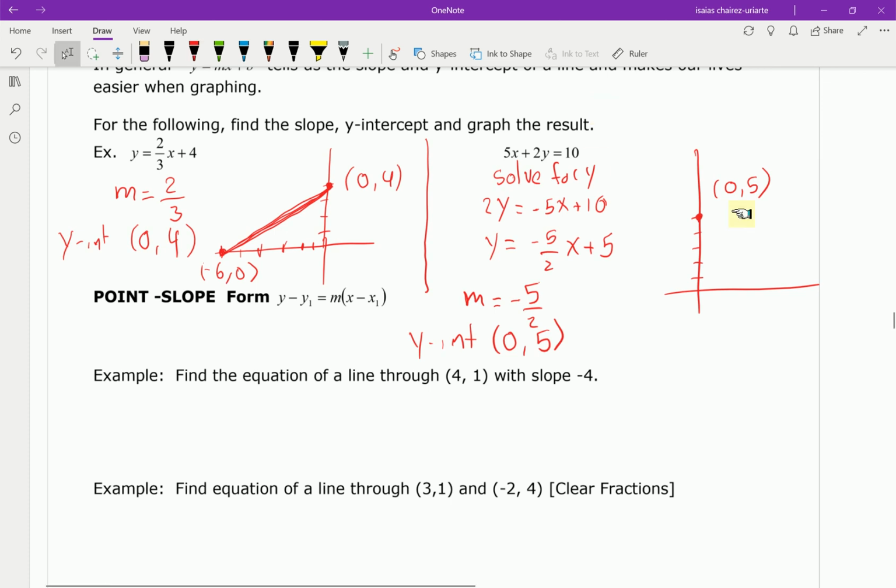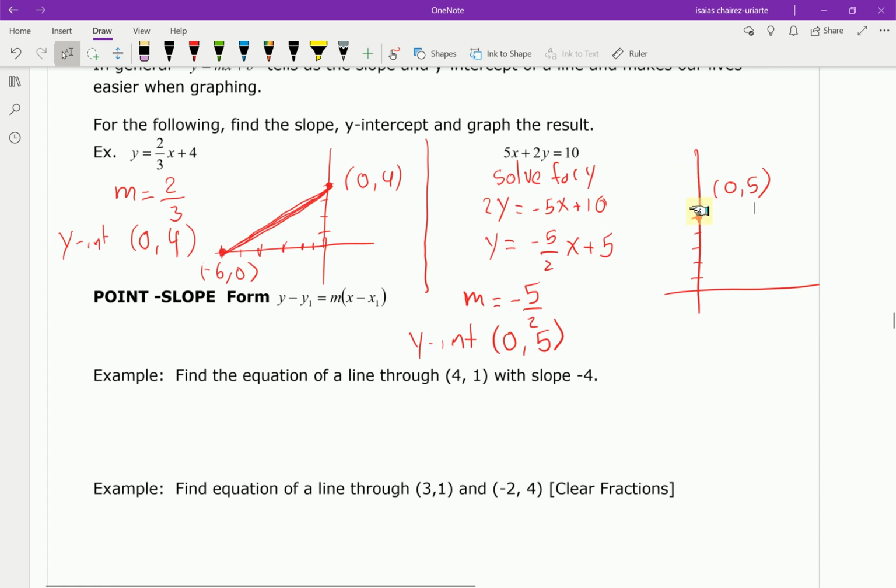Or you could just say, according to my slope, to generate another point, I can either go down 5, 1, 2, 3, 4, 5, and to the right 2, or I could go up 5 and to the left 2. Either way, it gives me a point on the line.